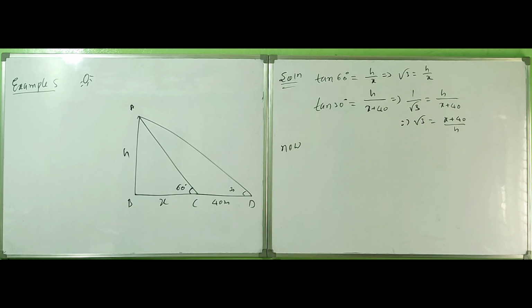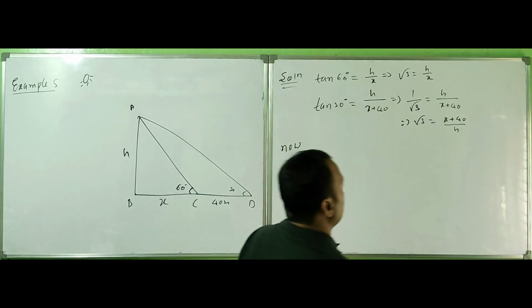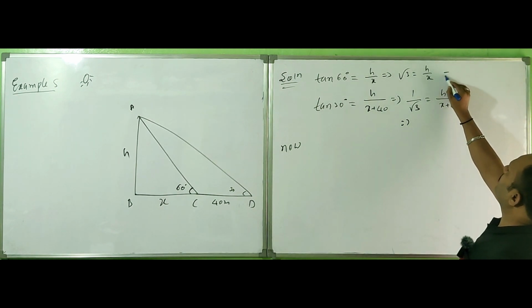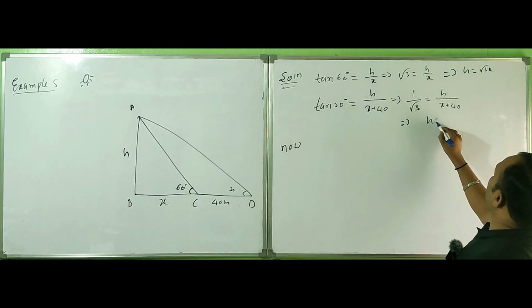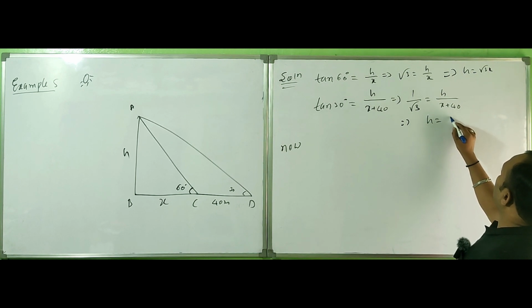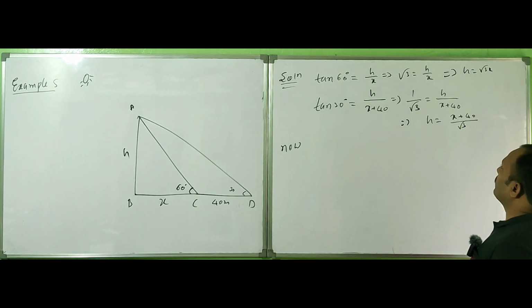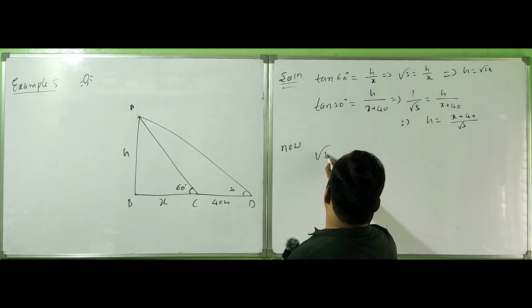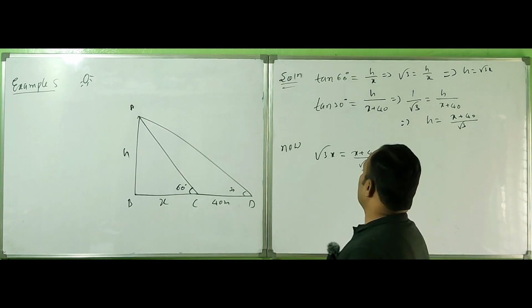Or you can take the h value, because we already have one parameter, so just take h. This implies h is equal to root 3 x, and h is also equal to x plus 40 by root 3, because we want only one parameter. Now root 3 x is equal to x plus 40 by root 3.